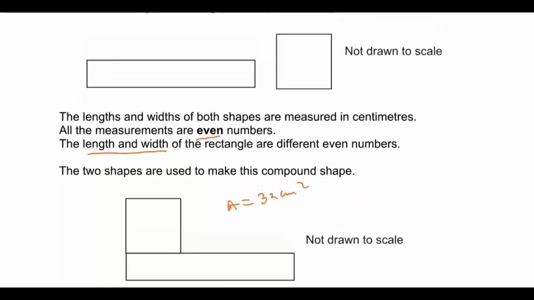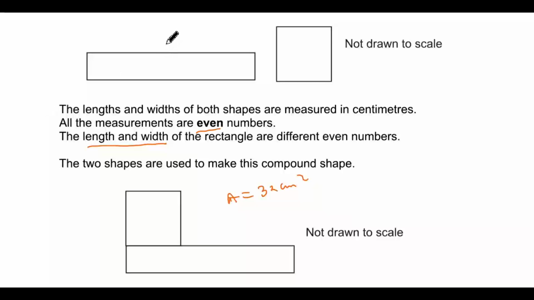To make it easy, I can say this side should be x, this side should be y, and this side should be m. From this, if you want to consider the sides, you can say that x is greater than y, for instance.